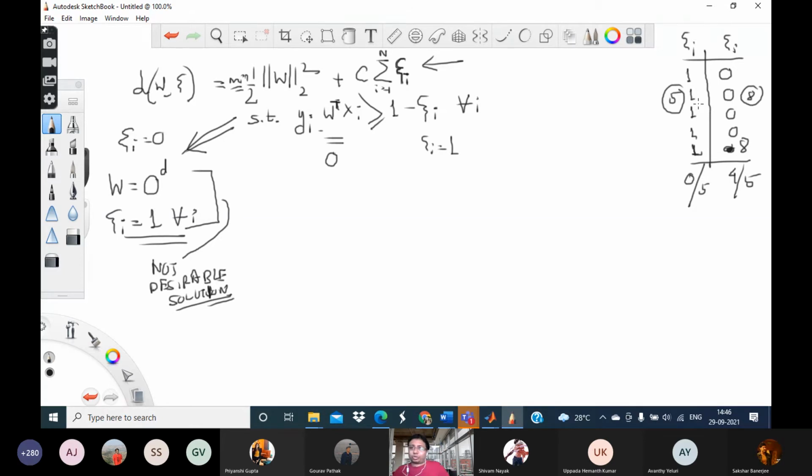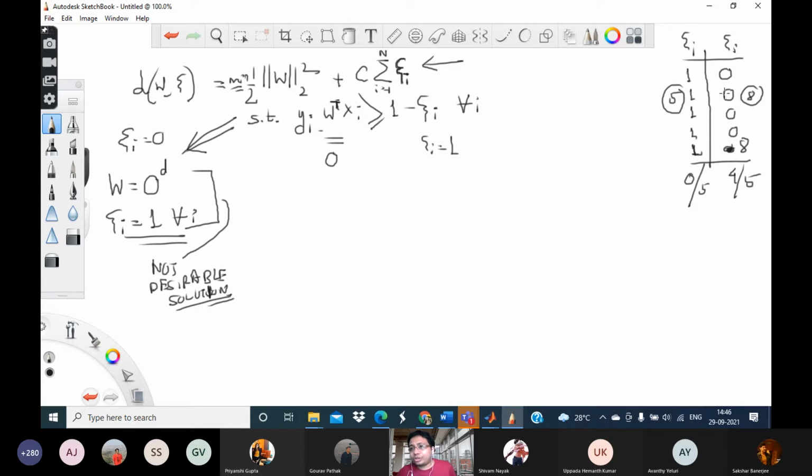So trying to minimize the sum of all the xi's is probably not a great idea, because that does not prevent these kinds of scenarios from arising. However, it's not that we have a lot of choice.